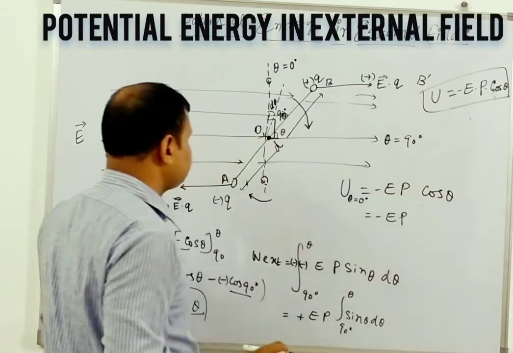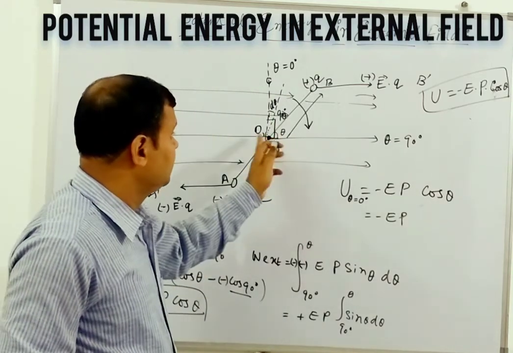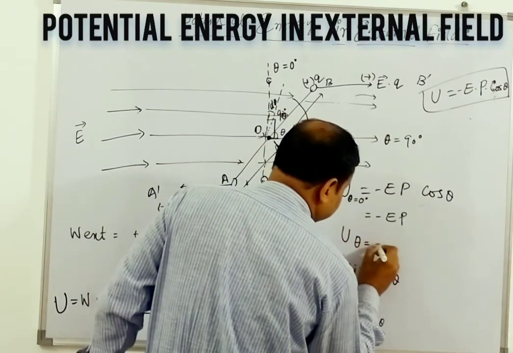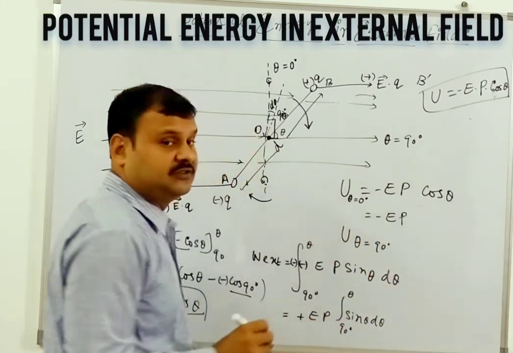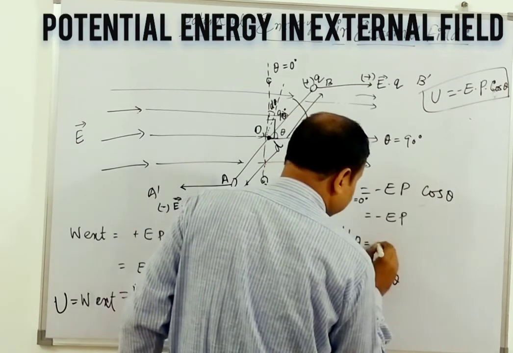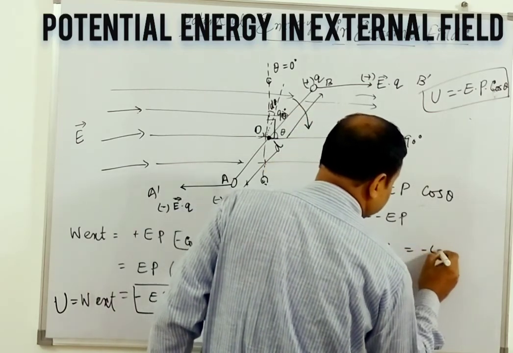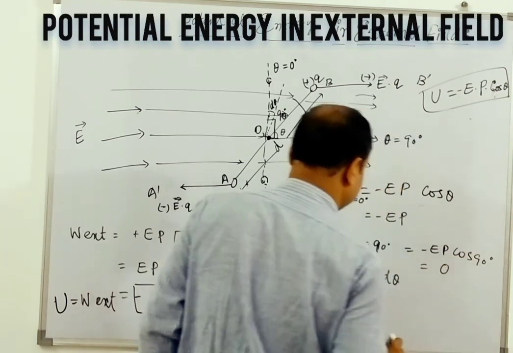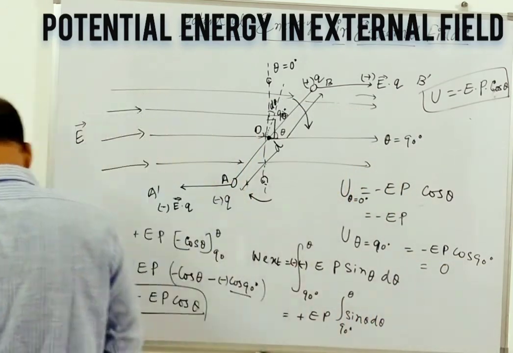That means perpendicular to this. If theta equals 90 degrees, what will happen? This is minus EP cos 90, which is nothing but 0. What does 0 mean?